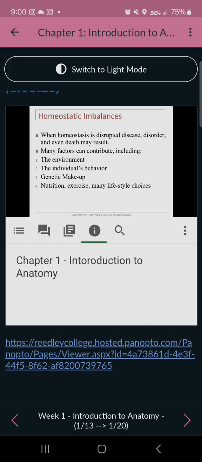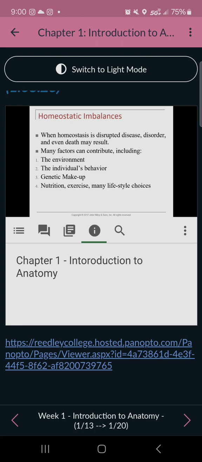If your feedback loop gets impaired, where the receptors on your skin don't sense the cold temperature, the blood will begin to cool down and multiple chemical reactions will stop in the body since there won't be adequate temperature regulation, and your body will stop and you will die, right? So when homeostasis is disrupted, disease, disorder, and even death may result.